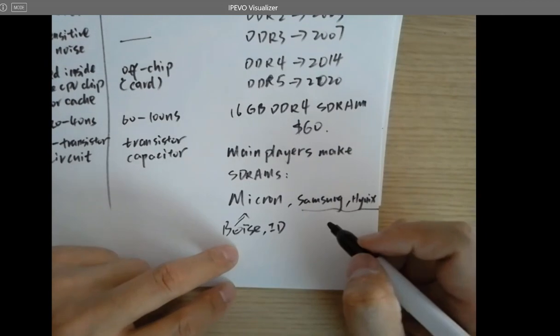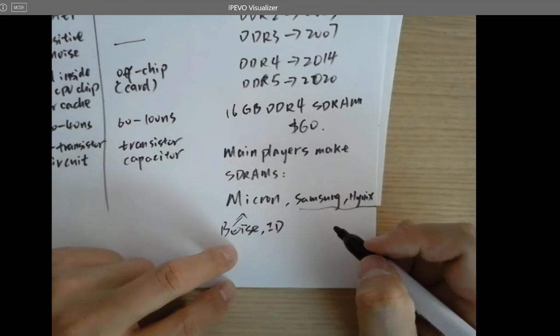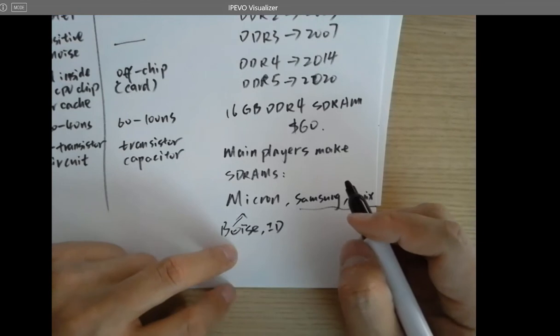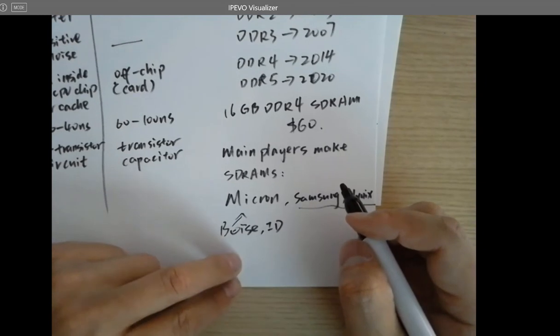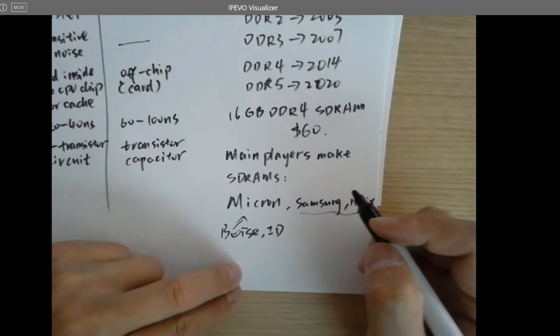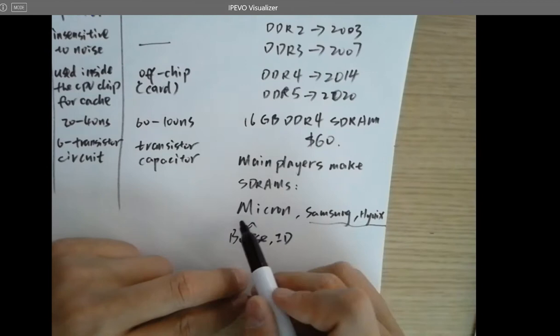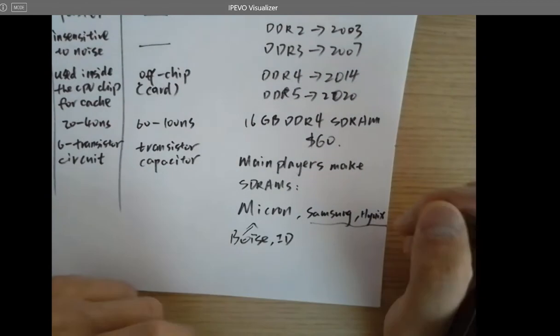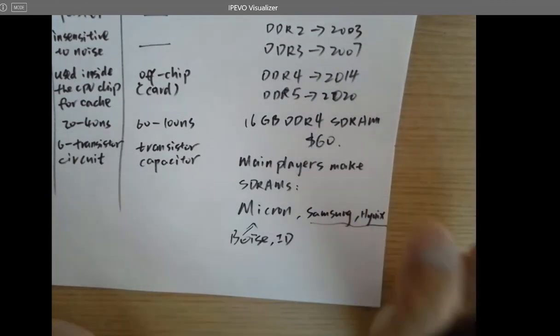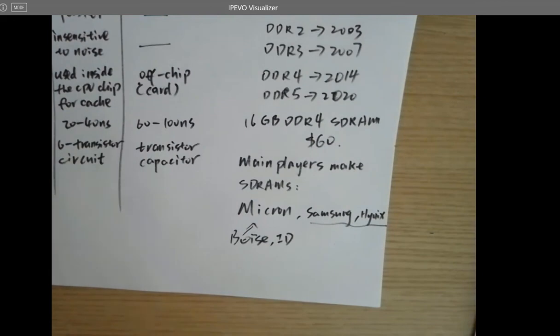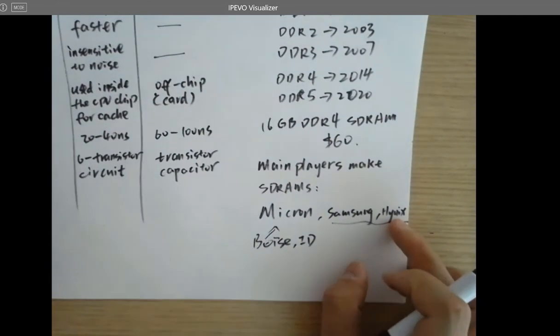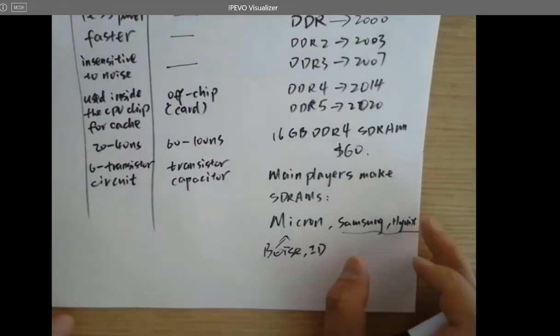What about Kingston? Have you bought any DRAM from Kingston? Kingston is not an IC manufacturer. They buy these ICs from either Micron or Samsung, assemble them on a PCB, and sell it. So Kingston is not a memory designer. They are just a vendor, or a PCB maker. These are the three major players on the market who make these memory cells.